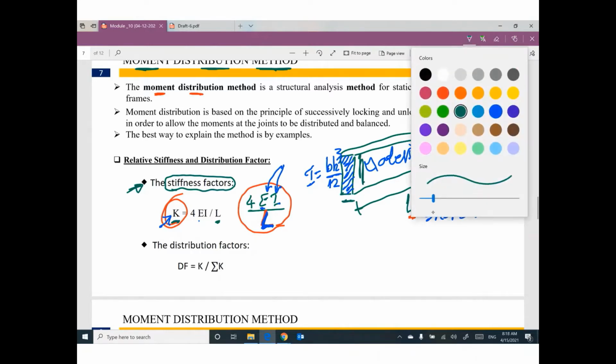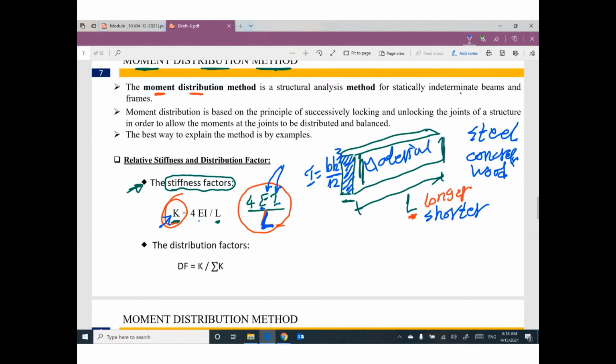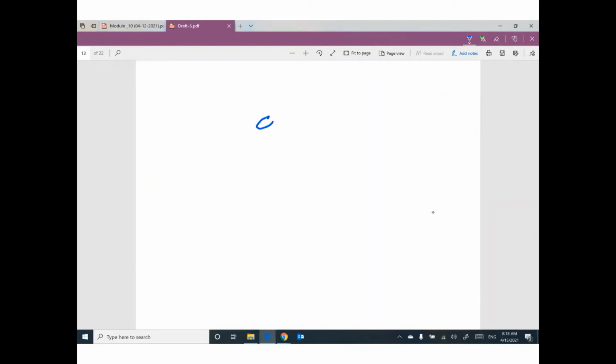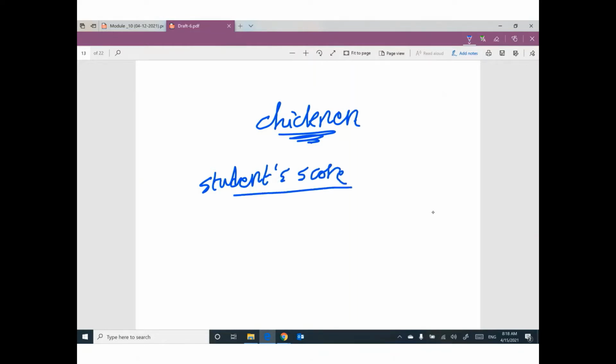distribution factor. Do you remember the example I told you last meeting? If we have a chicken and I will distribute this chicken based on your score in the exam. So for each student, the score divided by the summation of all students' scores gives you your factor of distribution.